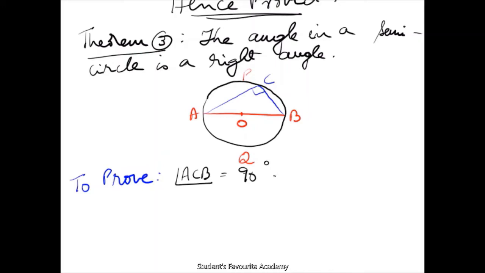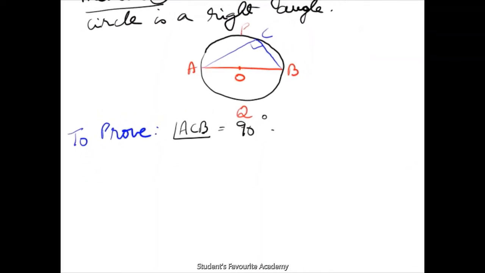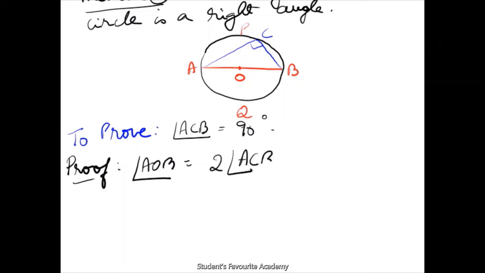Now proof. Again, this also can be proved on the basis of the first theorem that you have learned. Now, according to our theorem, angle AOB is equal to twice angle ACB.